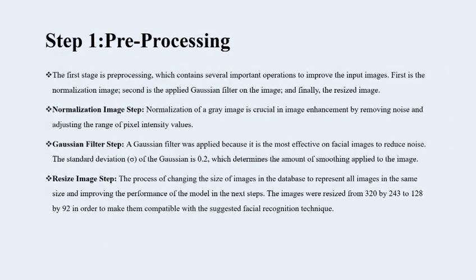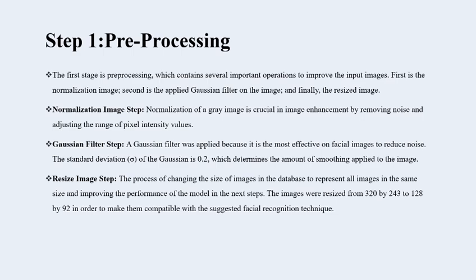Step 1. Pre-processing. The first stage is pre-processing, which contains several important operations to improve the input image. First is image normalization, then the Gaussian filter, and finally the resize image step.